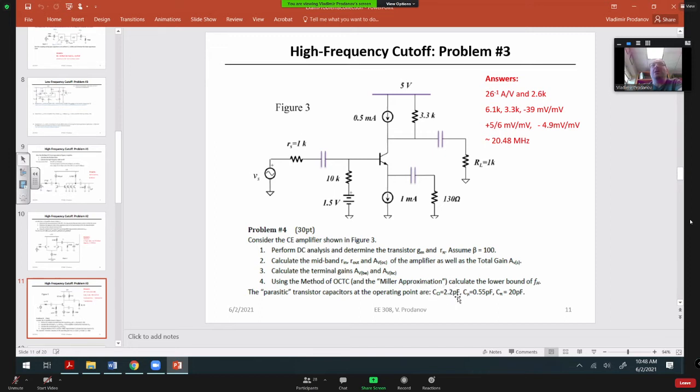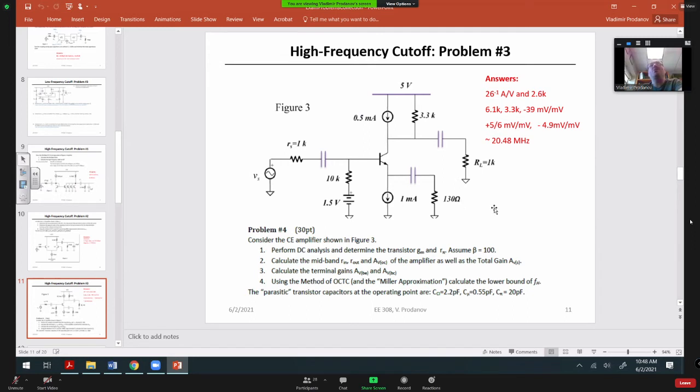If you ignore this capacitor for now, I hope that you understand this as nothing more than an emitter degenerated common emitter amplifier. So all of you should be able to do a small signal model for this, in which the input resistance will be the 10K of the biasing source, in parallel with r-pi effective because there is a degeneration.